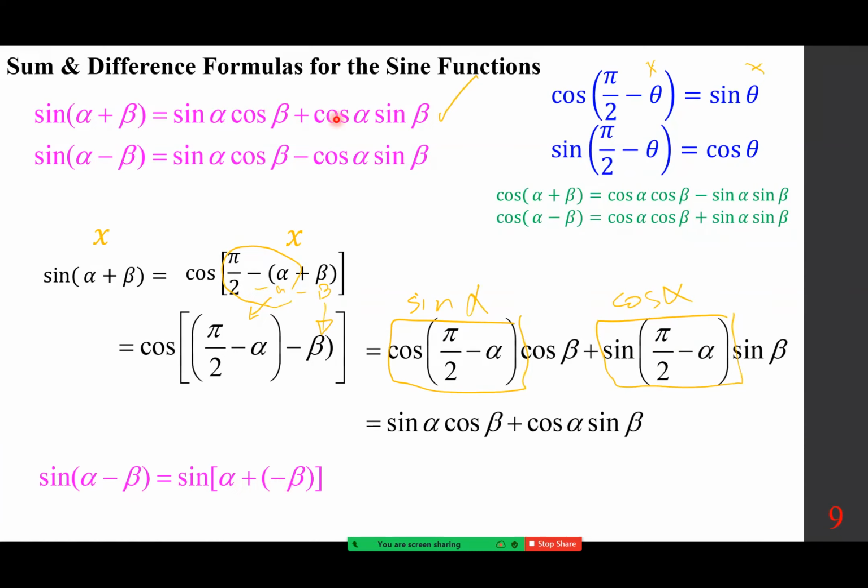So into this formula, alpha is the same. Replace the beta with minus beta. In this formula, replace the beta with minus beta. Cosine of minus beta, cosine is an even function, is itself cosine of beta, but sine is negative, minus sine beta.